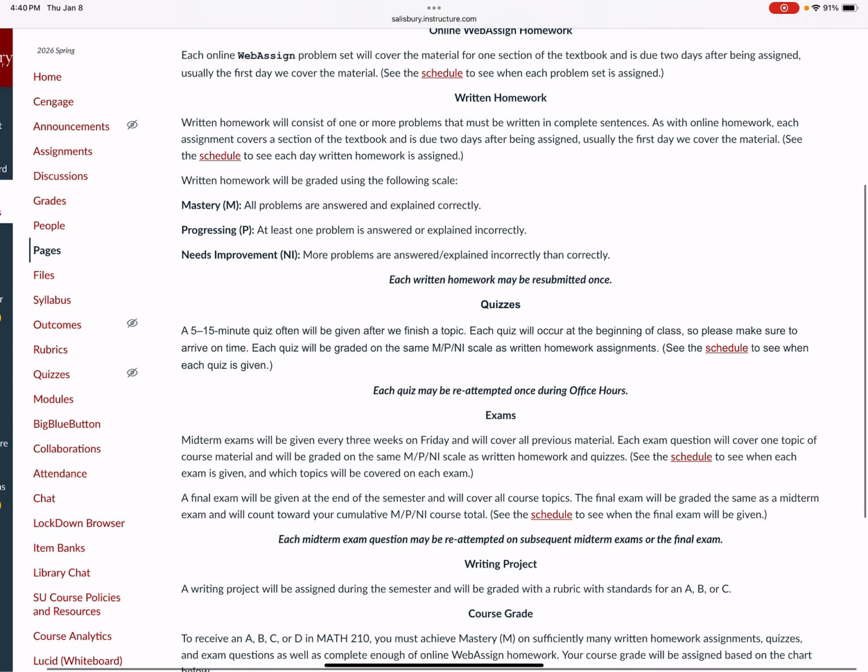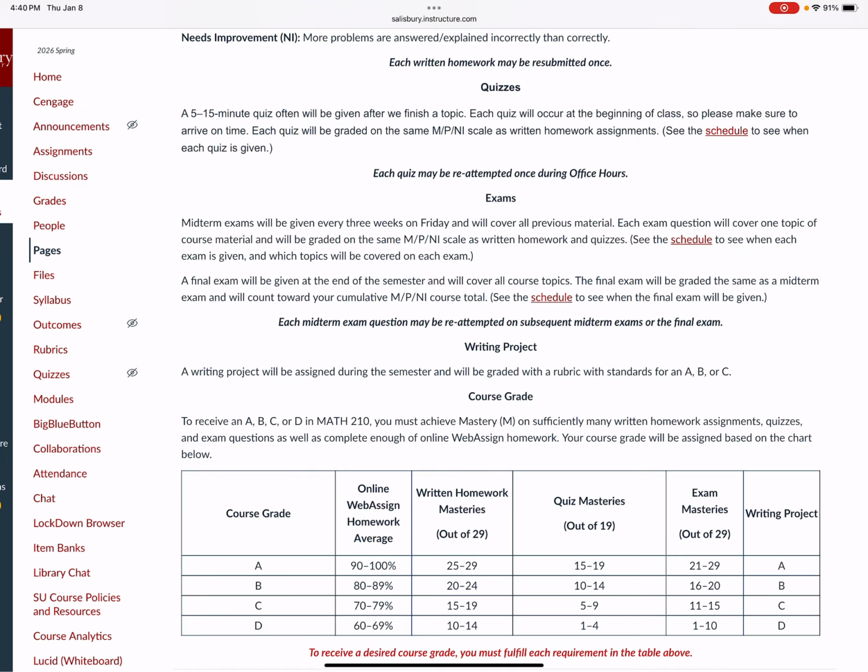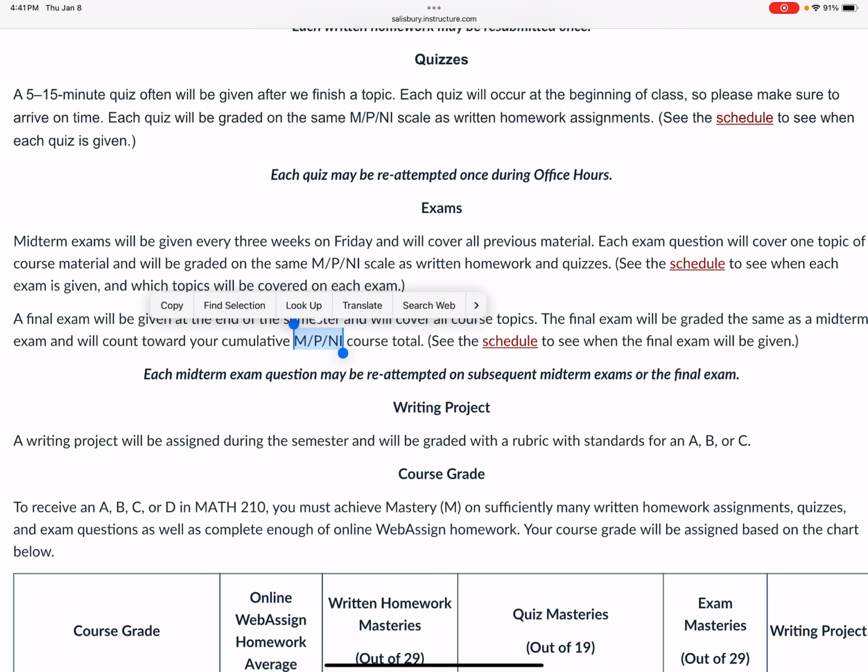Okay. Exams, we'll be having 4 midterm exams, plus a final exam. For exams, each question will again be graded on the mastery, progressing, needs improvement scale. So the only way you get credit for an exam question is if you get it completely correct. But once you get it correct, you're done with it. You never need to worry about it again.